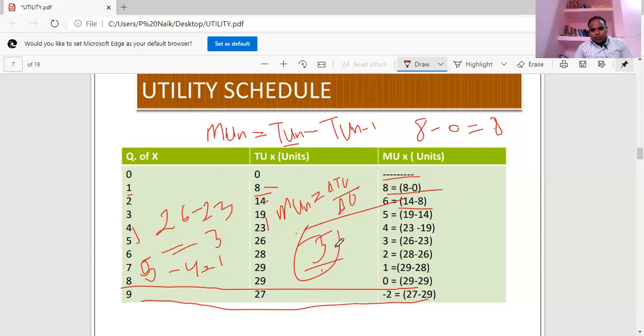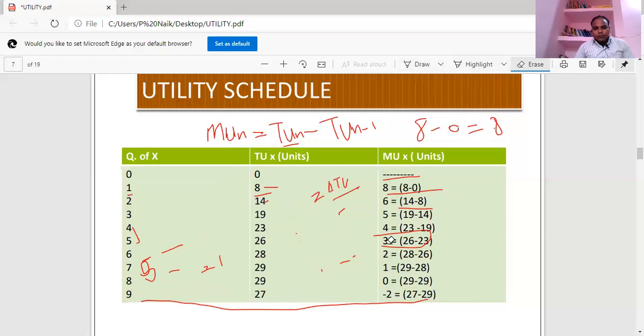So the answer will be 3. You can use any formula and make it clear.